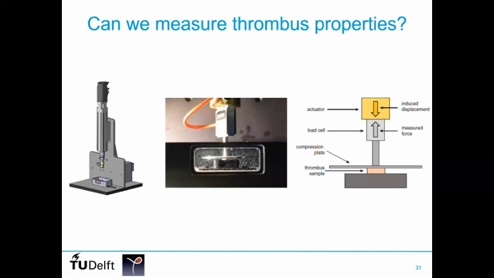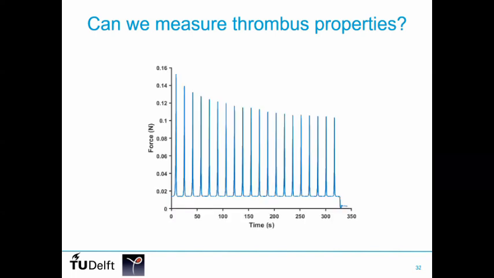Here's a typical force displacement curve we get. In this case, we had a loading protocol of 20 consecutive cycles, all going to a strain of 80%, and this is what the displacement force curve looked like. Not very surprising. A peak, of course, at the maximum strain that decreases over consecutive cycles.